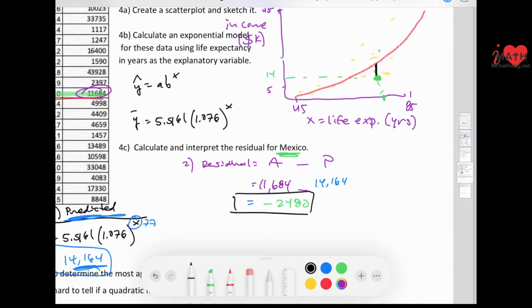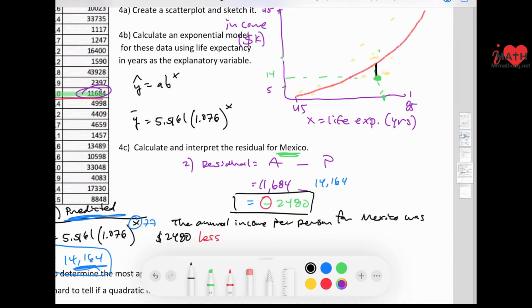Okay, so let's go ahead and interpret that. The annual income per person for Mexico was $2,480. Remember, what does the negative mean?